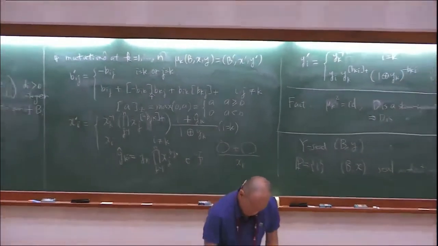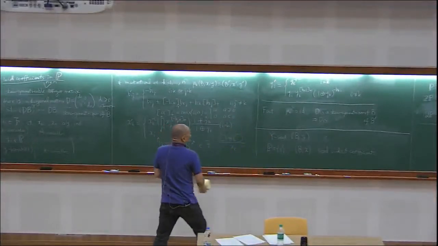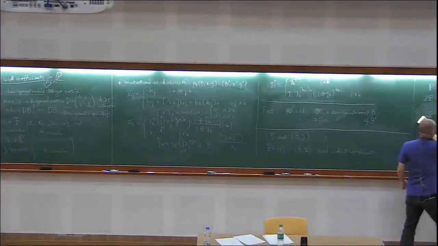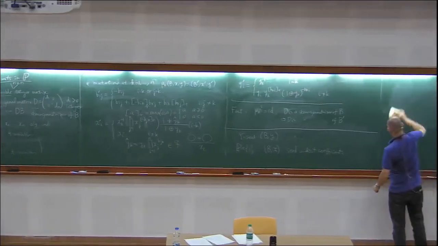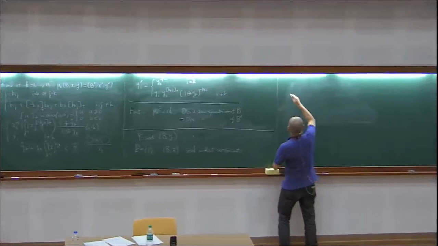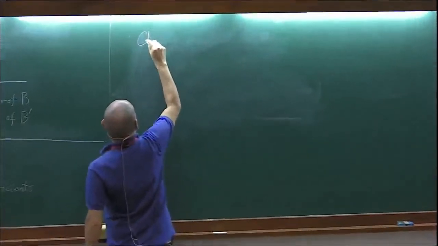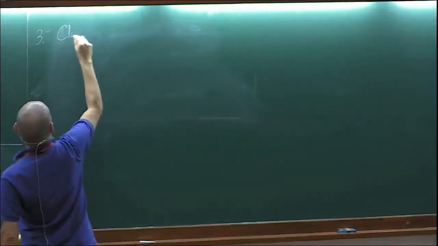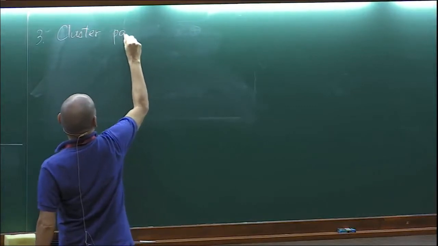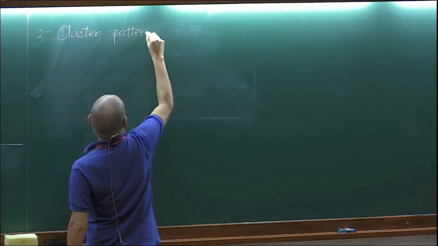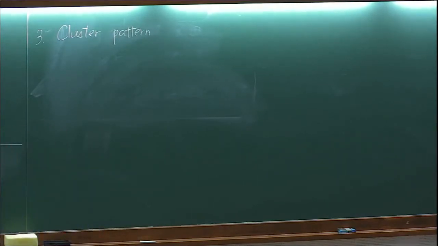Okay, so next I'm going to the main object of my lecture. It is called the cluster pattern, but it was already implicitly defined by Jacob, without this name. Section 3. It's just a seed arrangement with mutation.